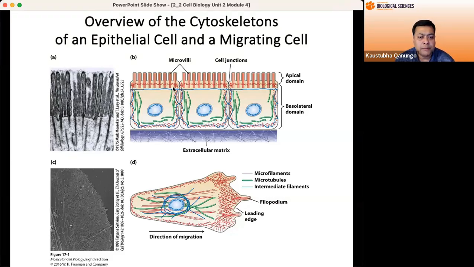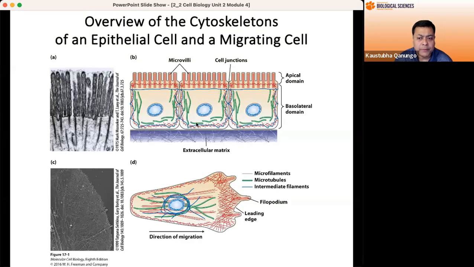They can break down, they can build those. And then on the basolateral side, you have other filaments like intermediate filaments and microtubules.